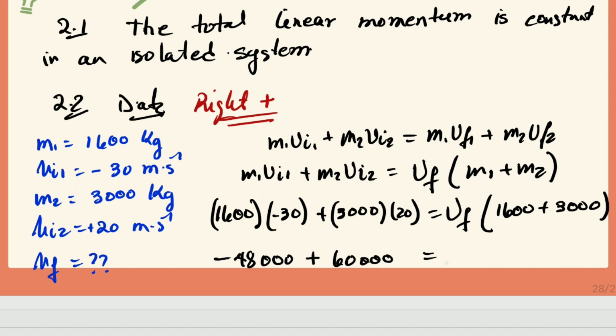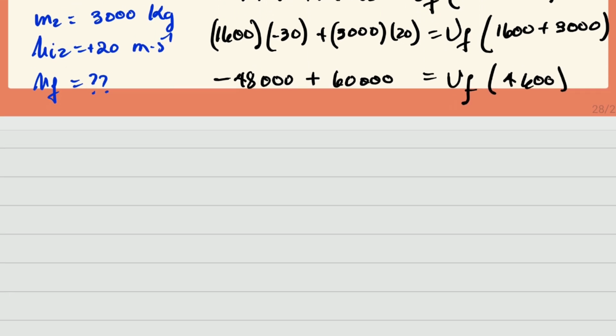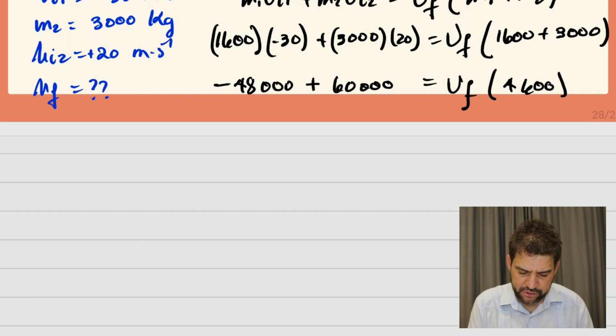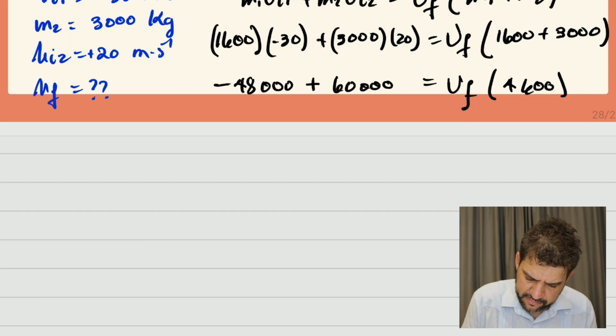This is Vf multiplied by 4,600. Okay, so that is what we have, and the rest is just to finish that easy calculation. So it's 60,000 minus 48,000 divided by 4,600. We get that the answer is the final velocity.